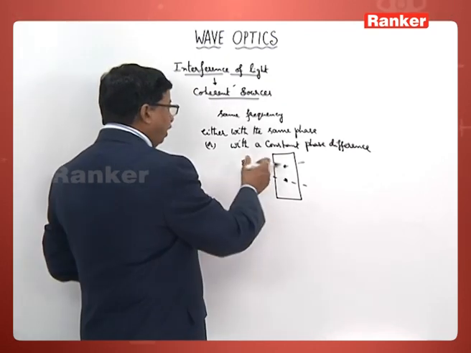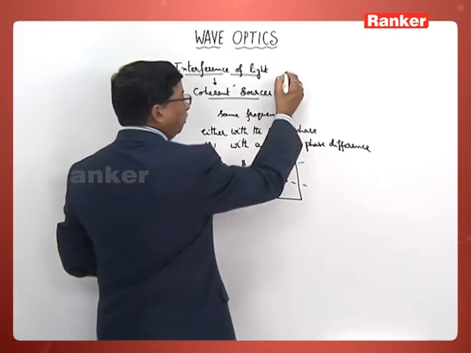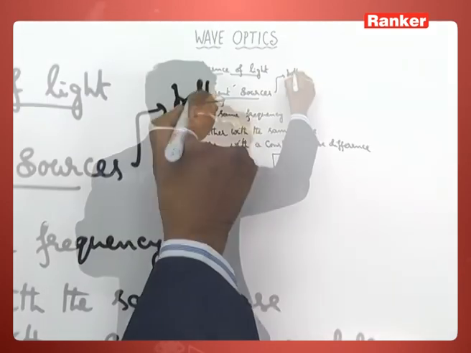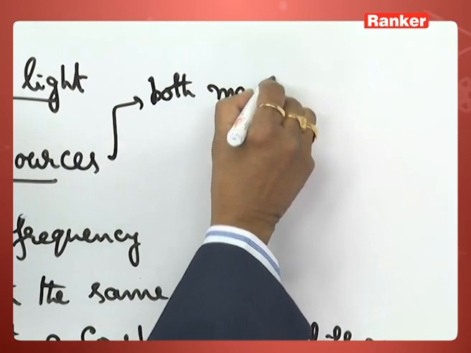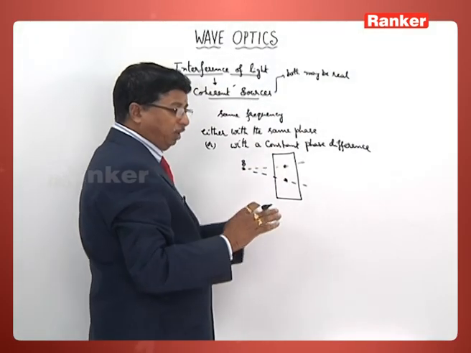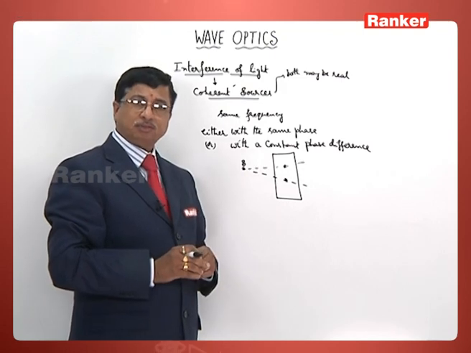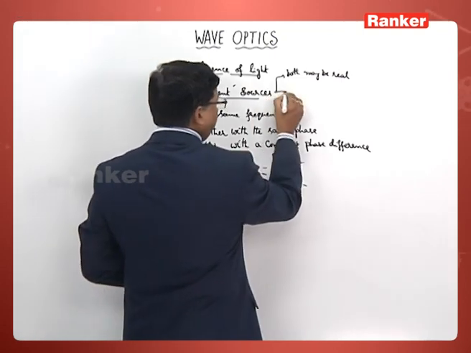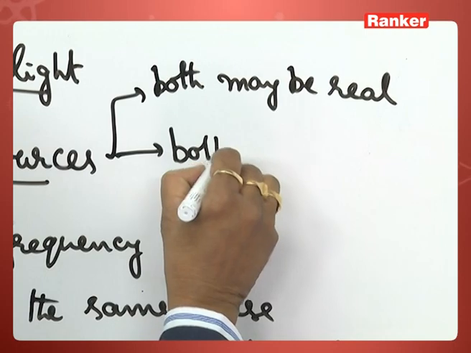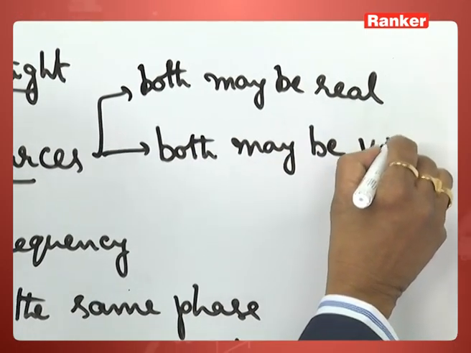Now, in this regard, the coherent sources we are talking about, both may be real. So both the sources may be realistic ones. You can see them there. The second option is that both may even be virtual.